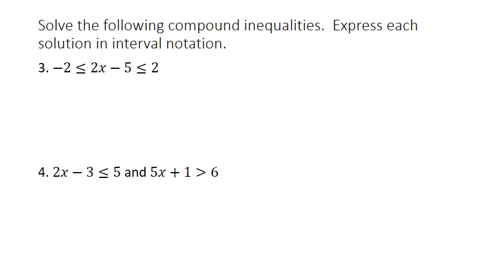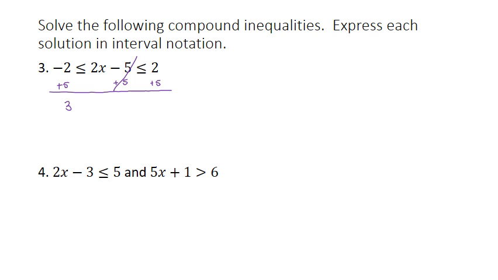In compound inequalities, the difference is that you want to get the x by itself in the middle instead of on one side. So what I want to do is get rid of this negative 5 by adding 5, but in a compound inequality, you have to add 5 to all 3 parts. It cancels in the middle.